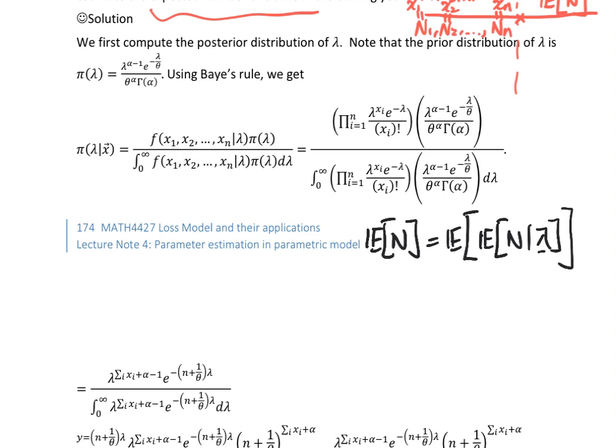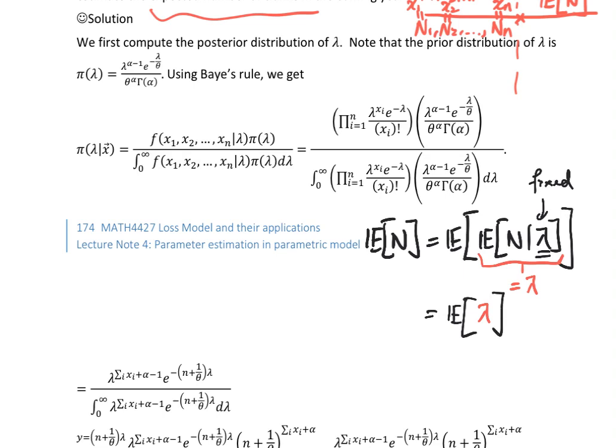You first fix lambda, get the expected value, and then you take the expected value over lambda. Because N follows the Poisson distribution, the mean will be equal to lambda. So this will be equal to the expected value of lambda.